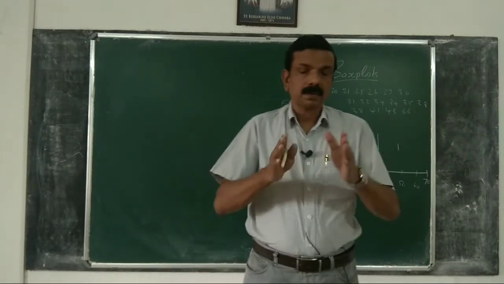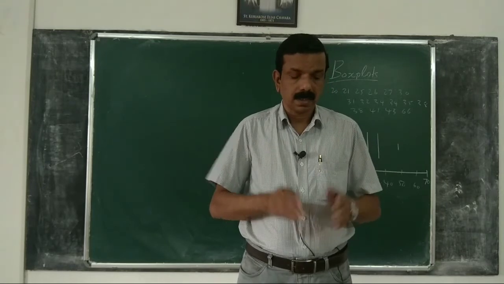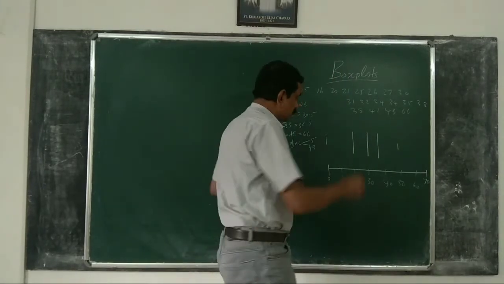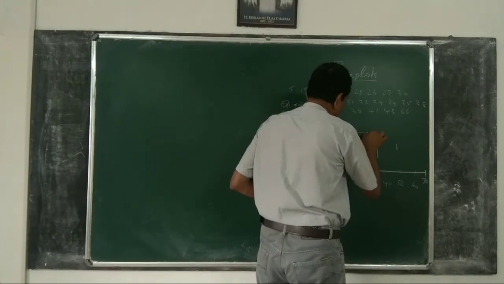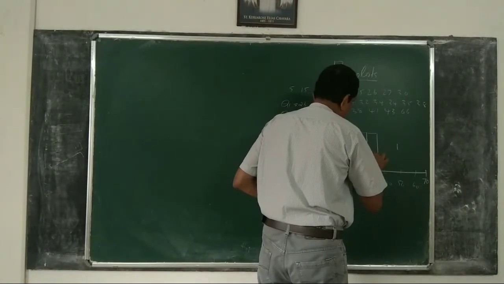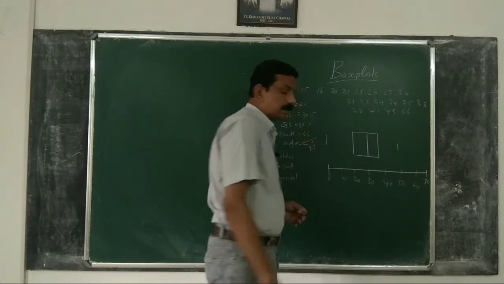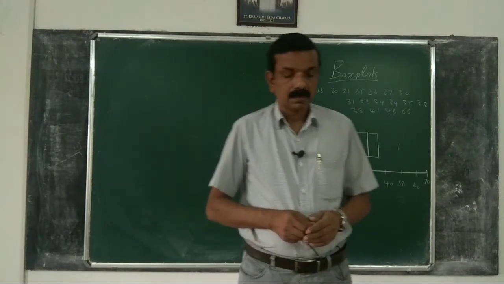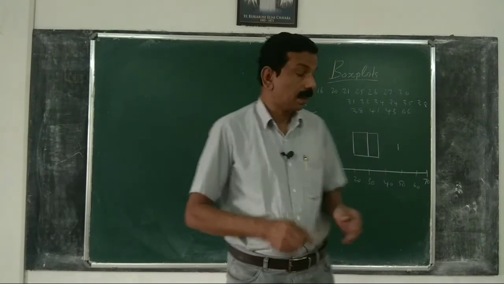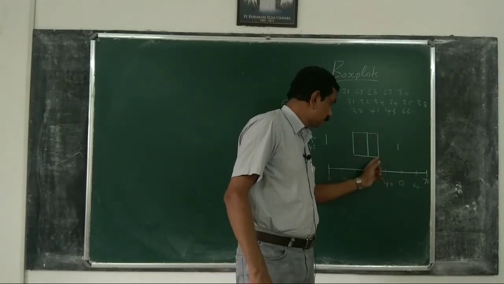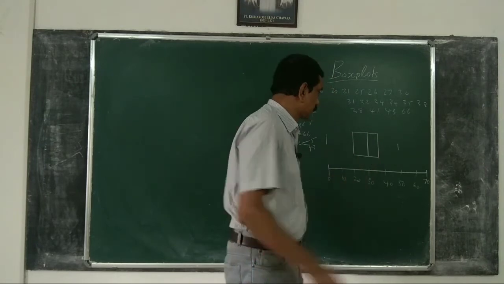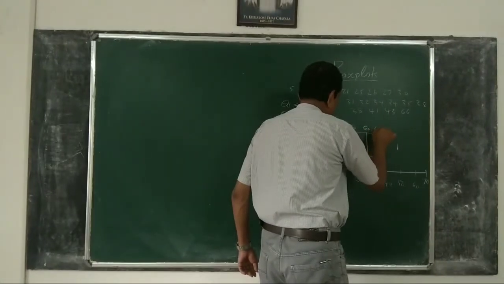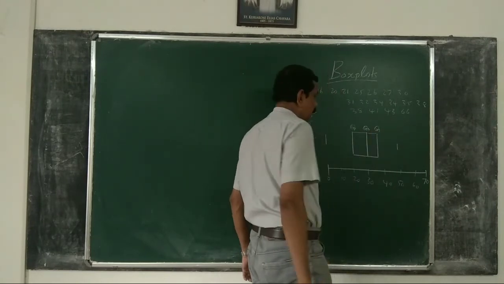And the fourth step is to connect the quartiles with lines like this, to make a box. This is Q1, this is Q2 and this is Q3.